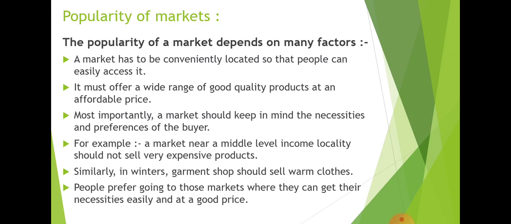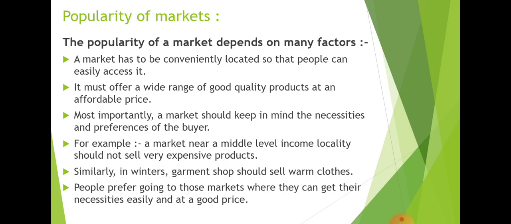It must offer a wide range of good quality products at an affordable price, so that all people can purchase. Most importantly, a market should keep in mind the necessities and preferences of the buyer. Customers are the priority of the market, and the market should be there according to the customers' needs and preferences.